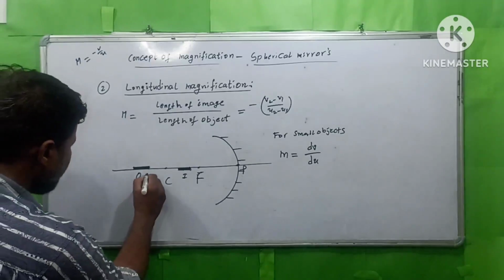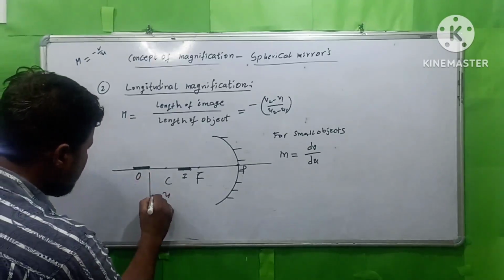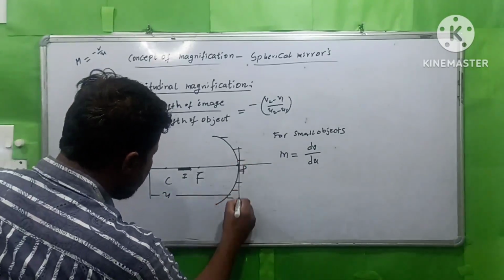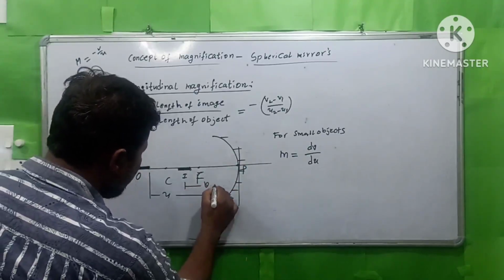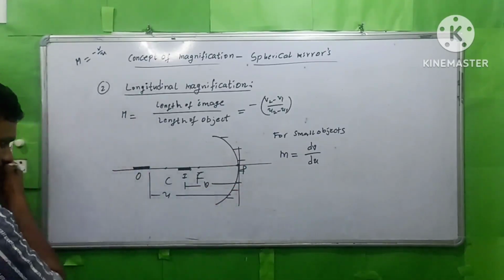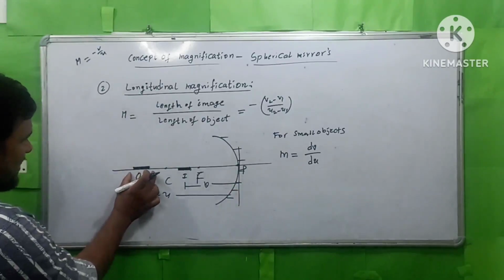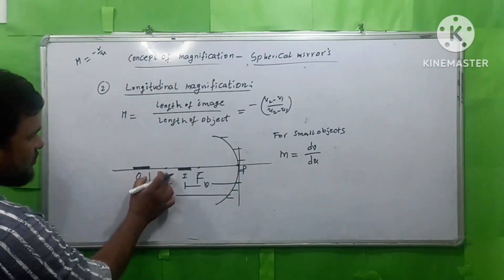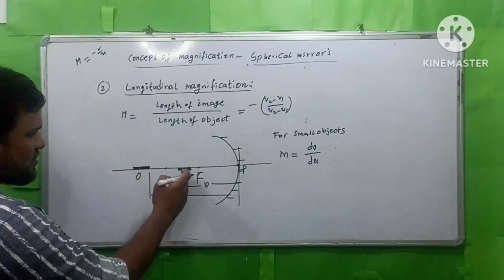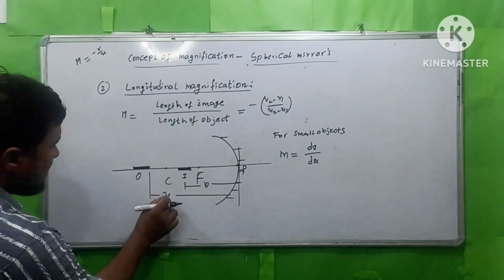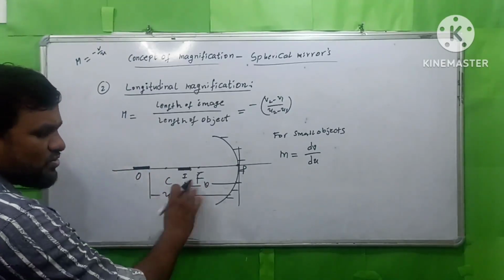If you observe, u is the object distance, v is the image distance. Suppose I move the object towards the mirror, the image distance also moves. So here u and v do not remain constant.